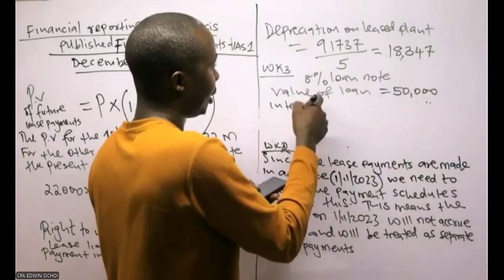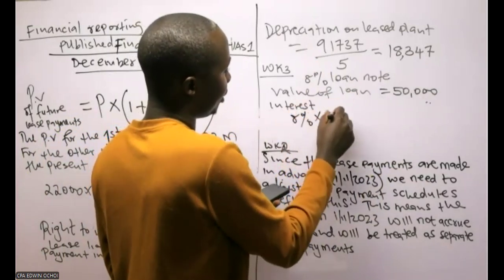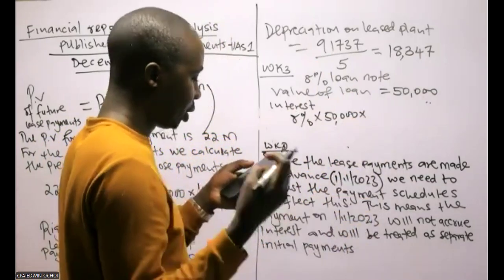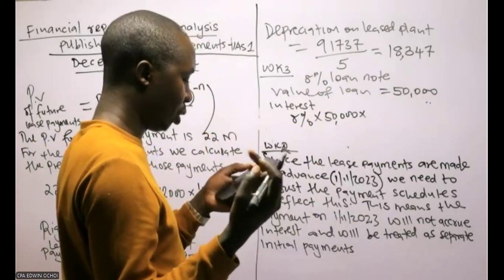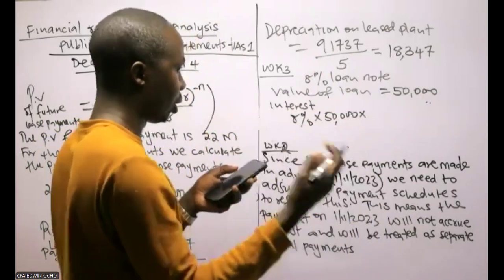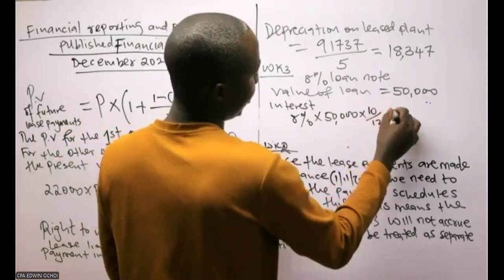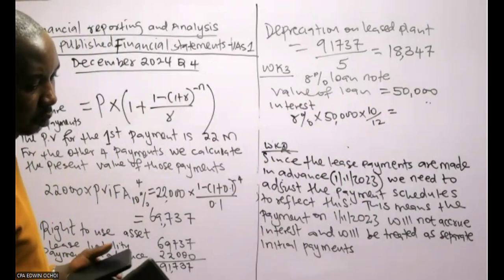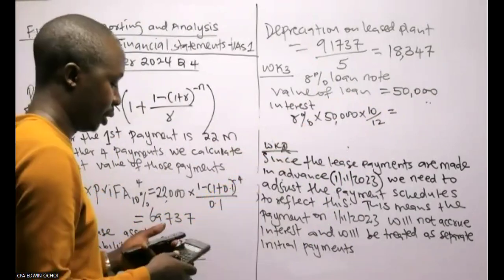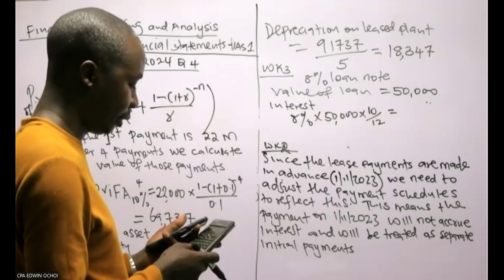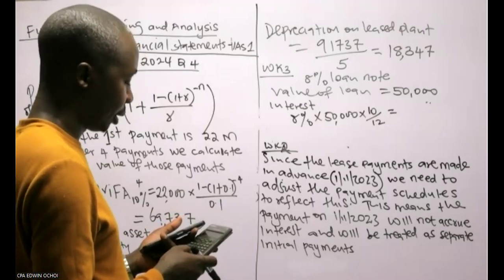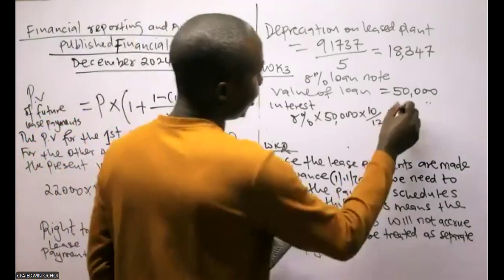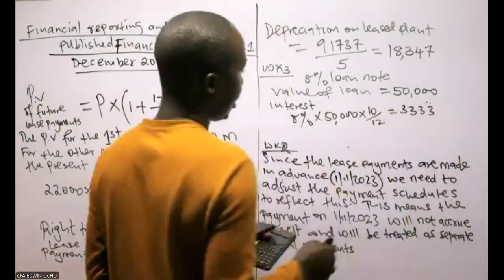So the interest will be 8% times 50,000 times the period. Our financial year ends in October, so from January to October, those are 10 months. So 10 over 12. That is the interest: 0.08 times 50,000 times 10 over 12. So that is 3,333.